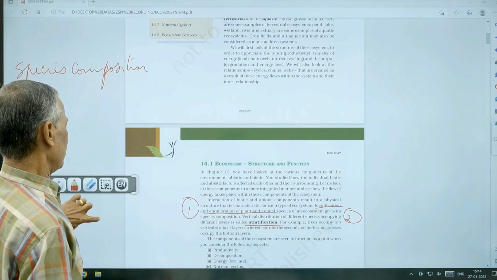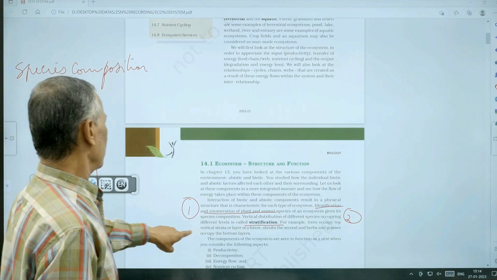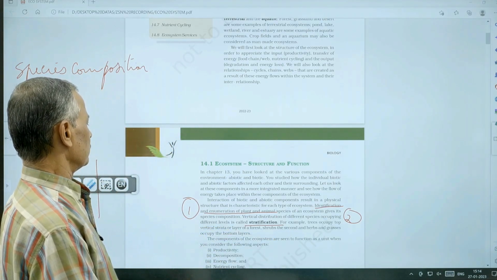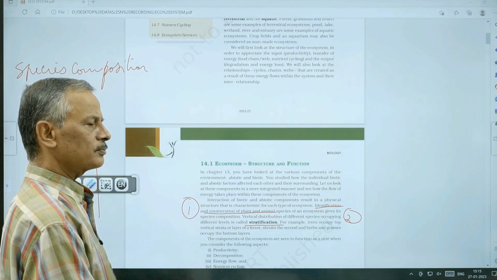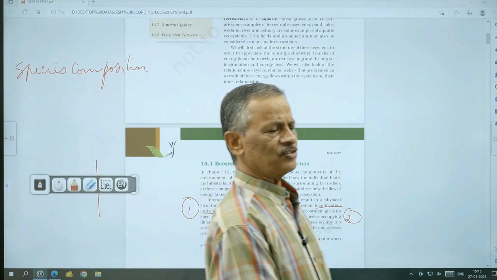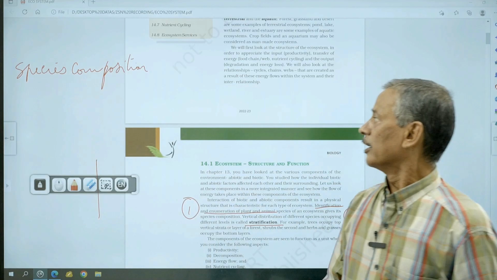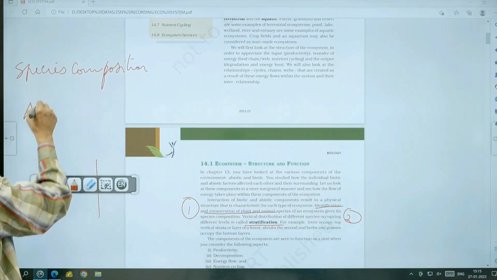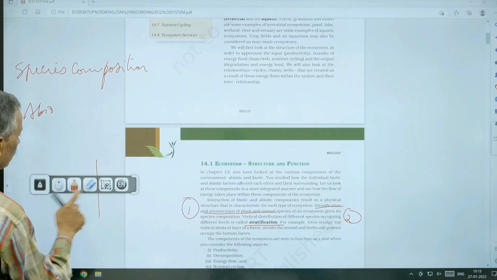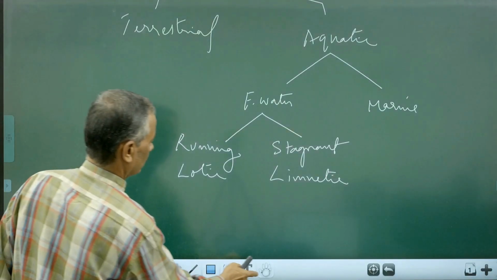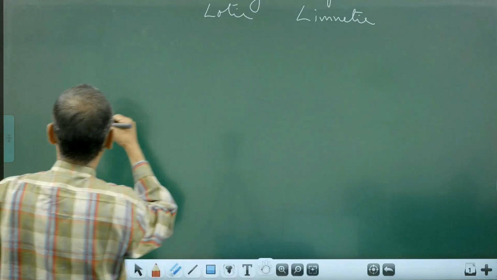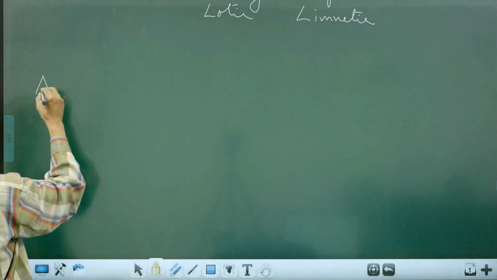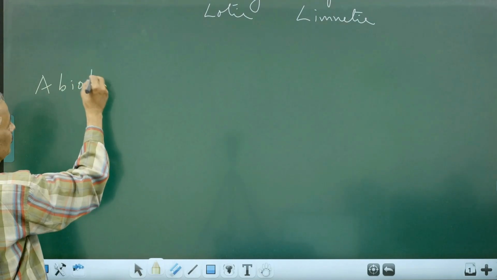Okay. Now, the components of ecosystem can be seen to function as a unit. What are the components? You have abiotic factors and biotic factors. Abiotic factors include non-living things.